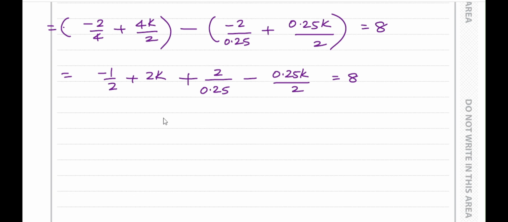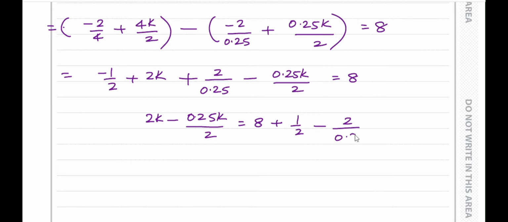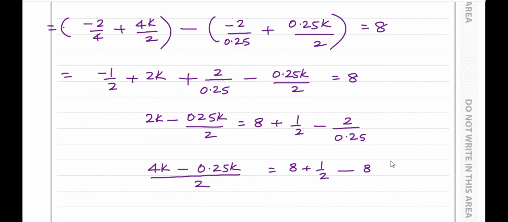Let's make k the subject by bringing all the k terms together. So it is 2k minus 0.25k over 2 equals 8 plus 1/2 minus 2 over 0.25. Okay, making the denominator the same, 4k minus 0.25k all over 2 equals 8 plus half minus 2 over 0.25, which is dividing 2 by 1/4, which will be equal to 8.